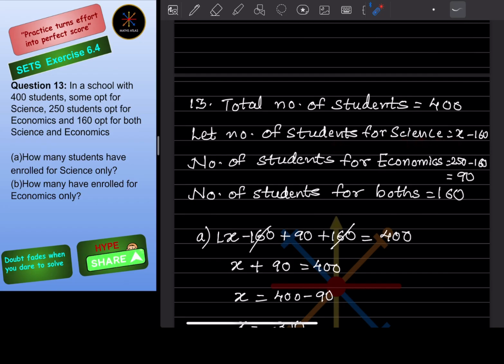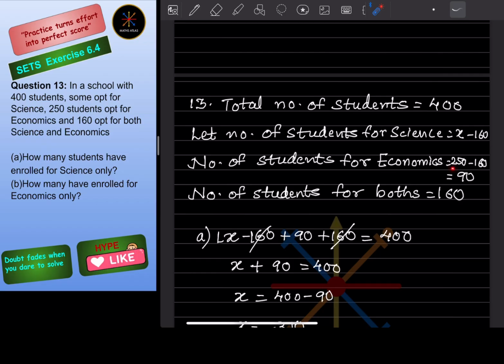The number of students for science is given as some opt for science. We don't know the number, so what we can do is say x minus 160, because 160 are for both science and economics. So this is going to be x minus 160. So hope this part is clear to you. And number of students for economics is given, 250 students opt for economics.